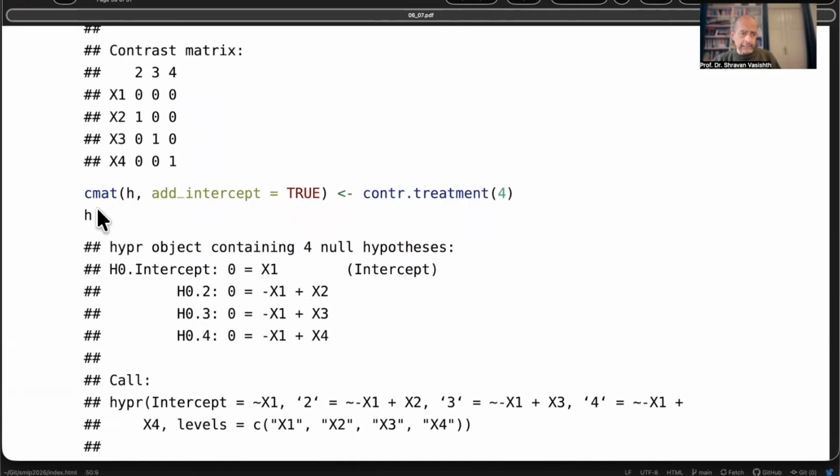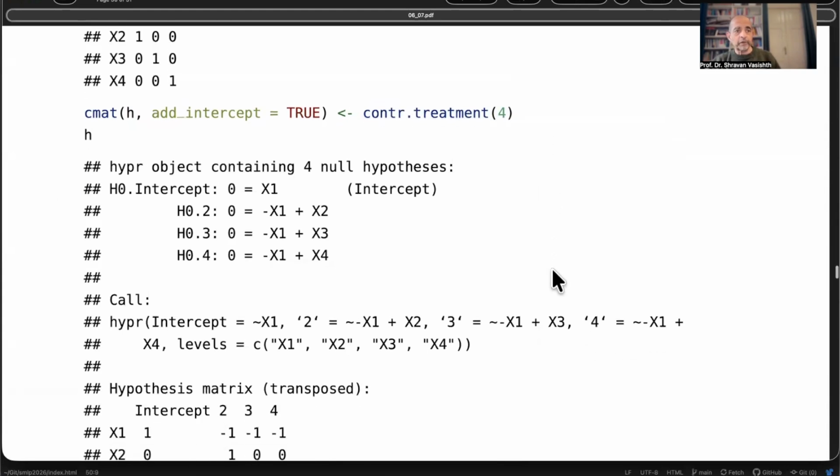So what we're going to say is now we're going to redo this in the empty hypr object. We're going to specify add_intercept equal to TRUE in the cmat function, and then add the contr.treatment codings. And when you do that, the output of the contents of the hypr object will now contain 4 hypotheses, as they should.